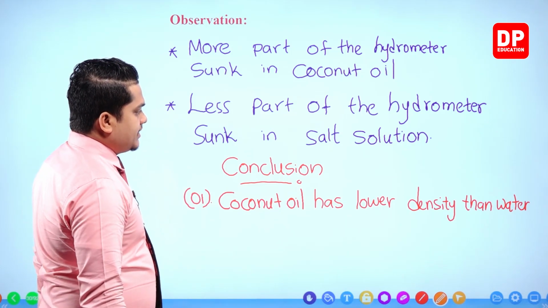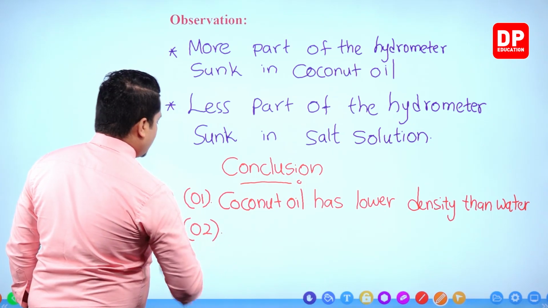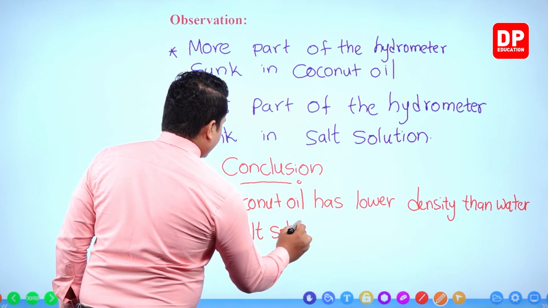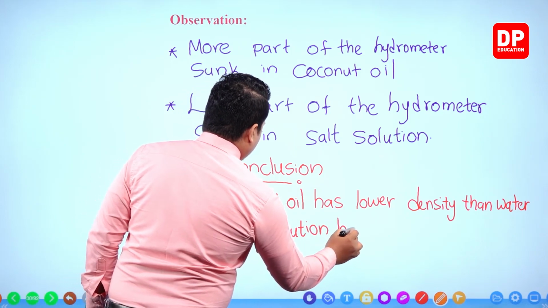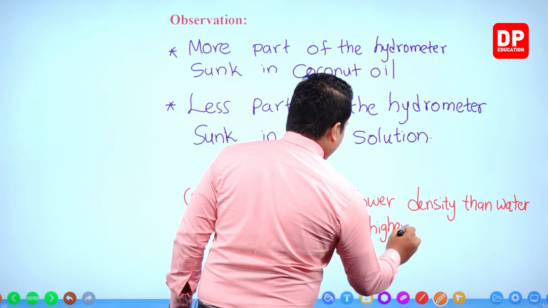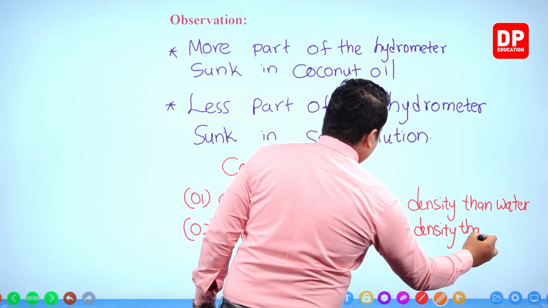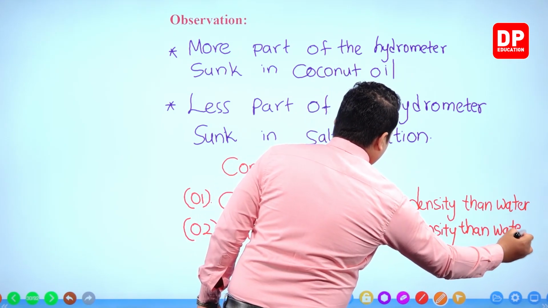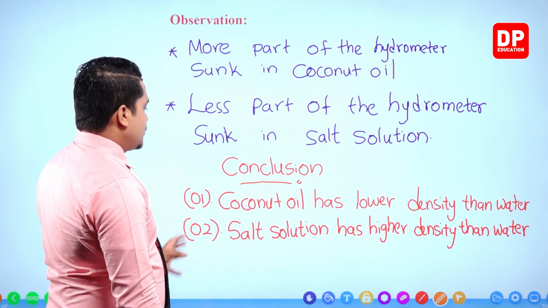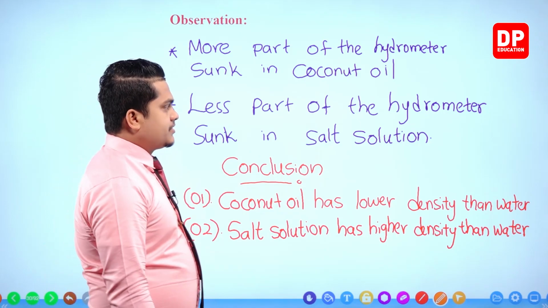Number 2, salt solution has higher density than water. So coconut oil has lower density than water, then salt solution has higher density than water. So these are the 2 conclusions, my dear children.